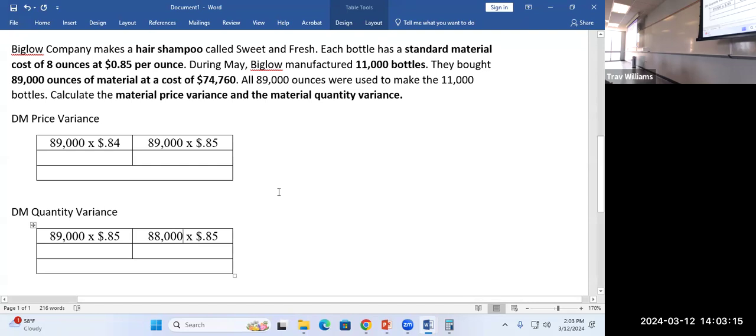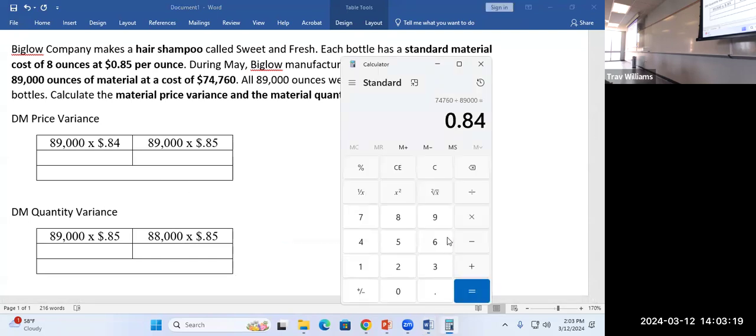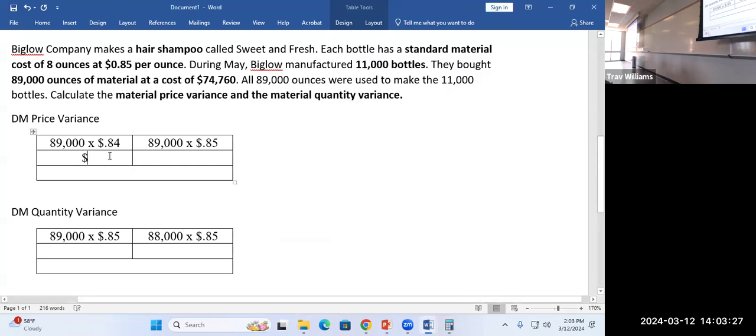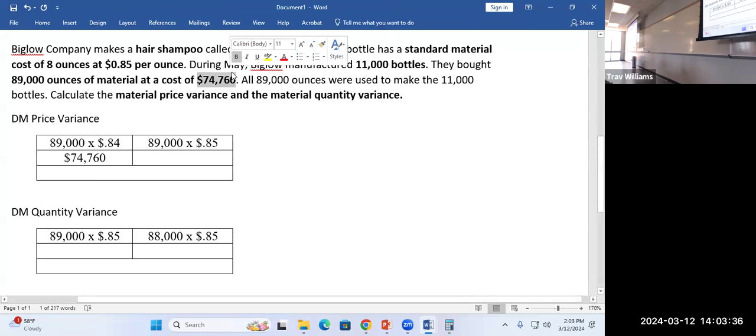Okay, great. Now that we have all of our numbers in there, it's just a matter of crunching the numbers. So 89,000 times 84 cents. 74,760. Again, that was our actual quantity times our actual price. And actually, that makes sense, right? Because they already told us it was 74,760.